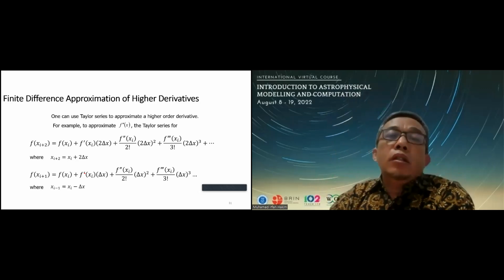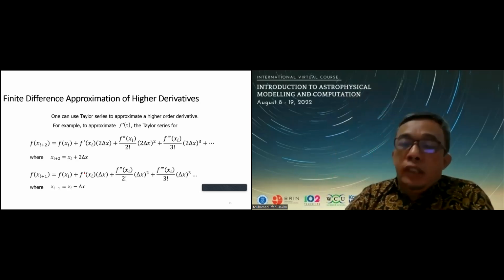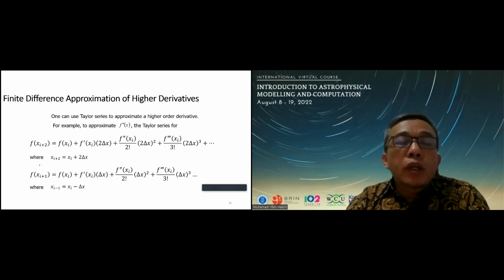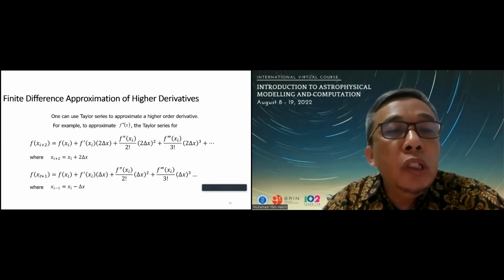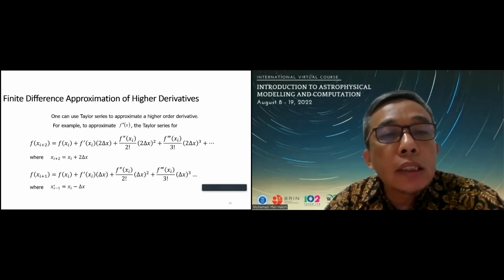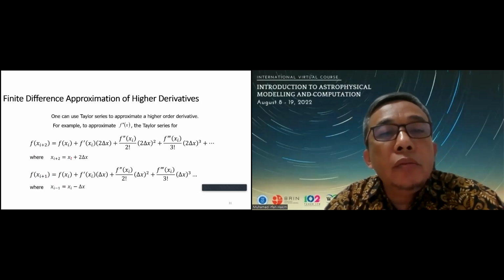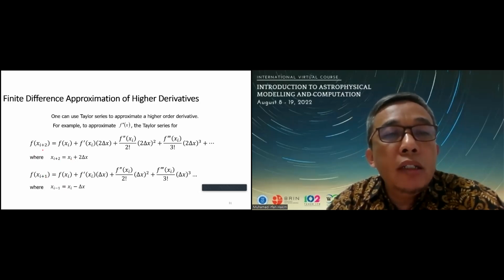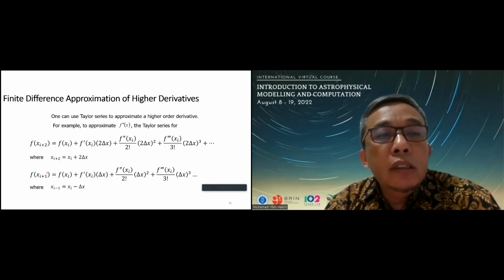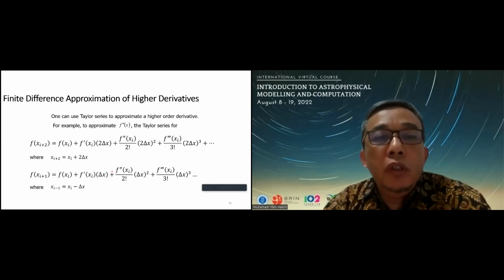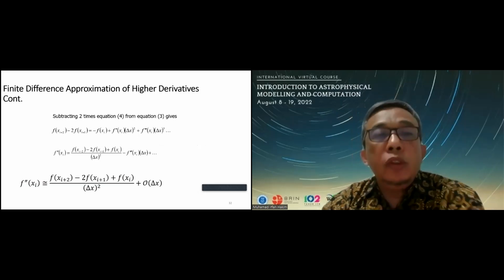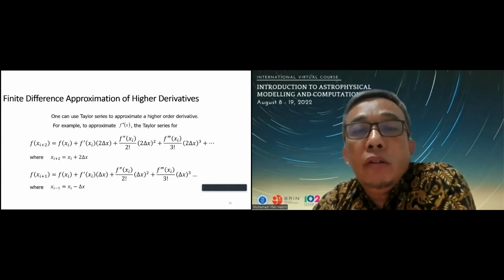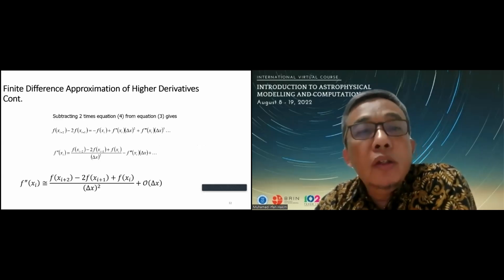We use the expansion of the Taylor series here, and we have to deal with 2 nodes around i here, i plus 1, i plus 2, for example, and we subtract the equations here.